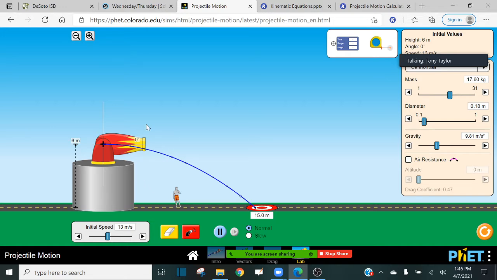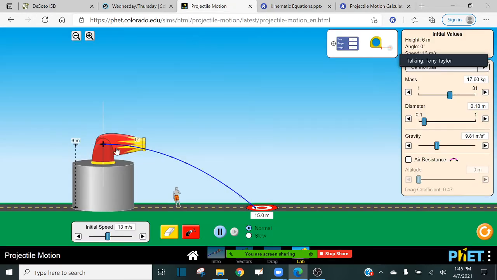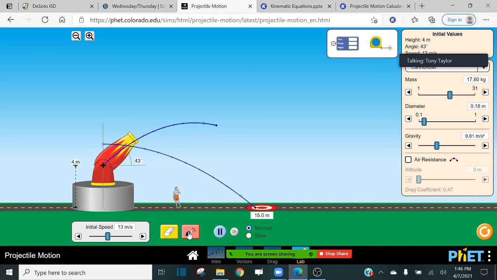But this time, we're going to be dealing with situations in which we're launching projectiles at angles. So, for example, I can fire a projectile at 43 degrees and it looks something like this. I can fire it at 58 degrees and it looks something like this. Or I can fire it at 71 degrees.